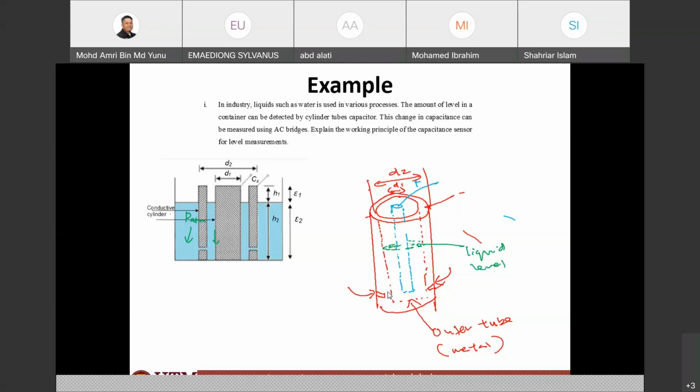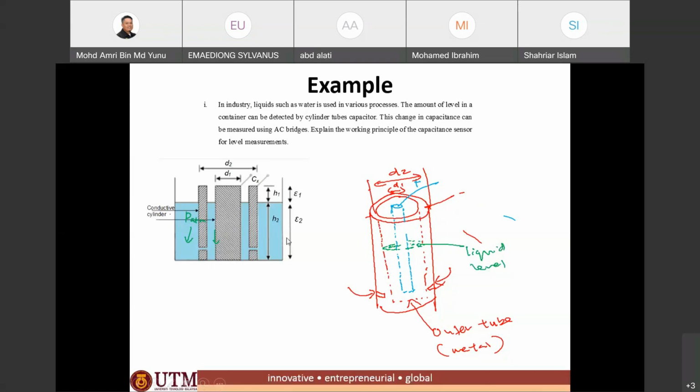So the capacitance between the electrode and the cylindrical tube can be measured or estimated, and it is a function of the height H2, where epsilon 2 is the material or the liquid, and epsilon 1 is the air relative permittivity.